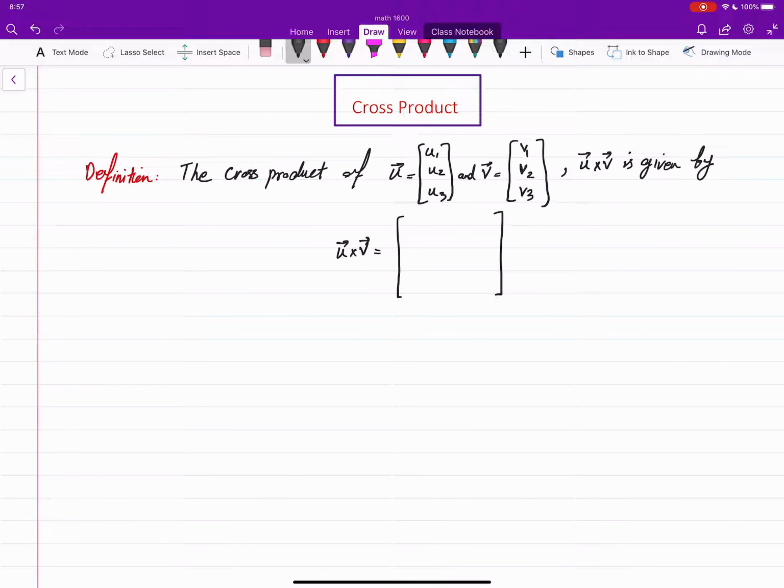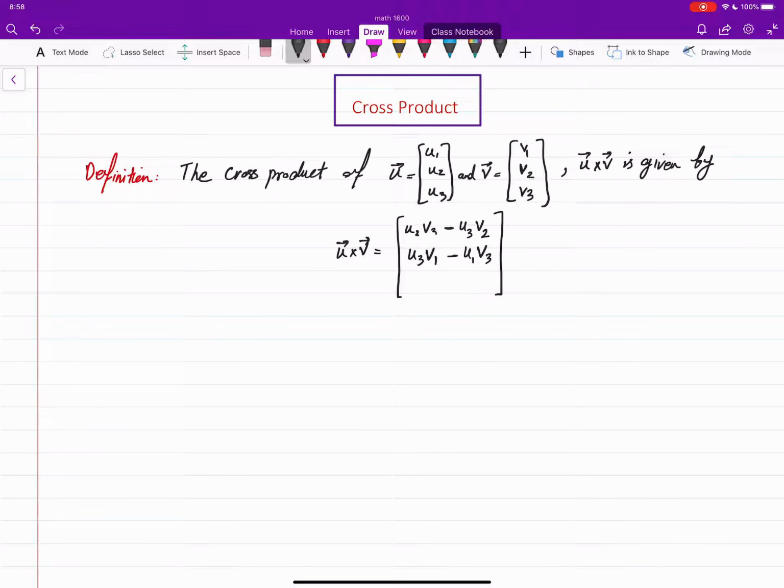For the first component, you have u2 v3 minus, switch the indices, u3 v2. That's the first one. For the second one, you have u3 v1 minus, switch the indices, u1 v3.